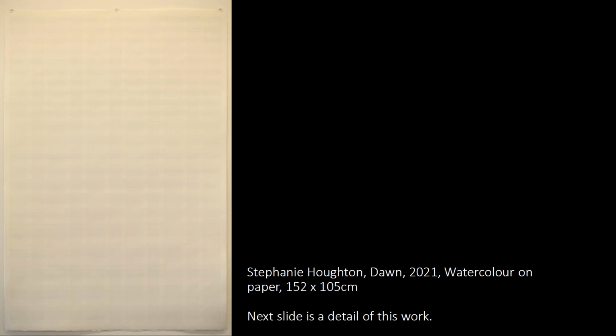So again, a very controlled experiment, and part of the experimentation is in the proportions of the grid. You can see this is a work where the horizontal grid lines get smaller as it goes towards the top. Stephanie's current work is looking at using the wavelengths of light, variations in the wavelengths of light, to determine the spacing of that grid.